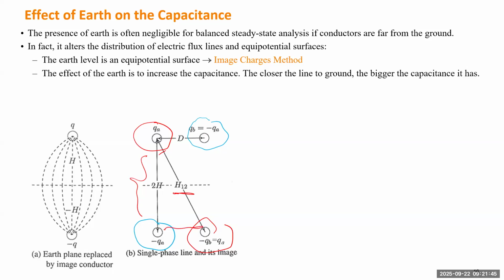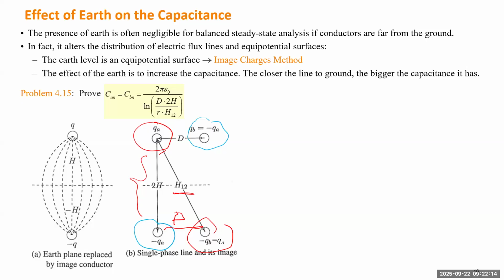Based on this triangle, if we know the distance d, we will be able to calculate h12 by the Pythagorean theorem. Now you understand that if the conductor is infinitely far away from the ground, 2h and h12 will be very close, which means the electric field is not changed by the ground or by the middle surface.